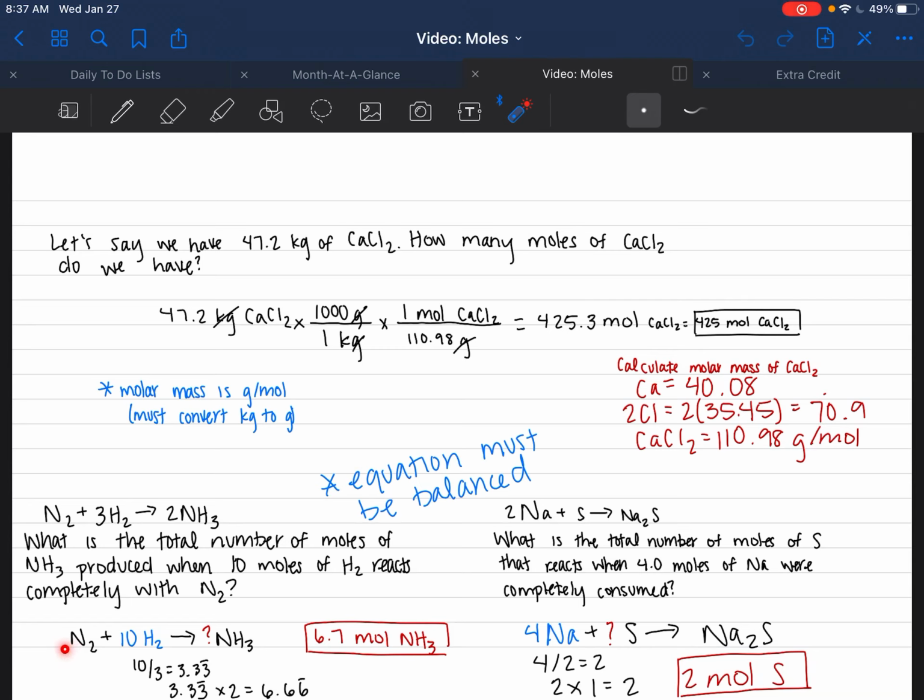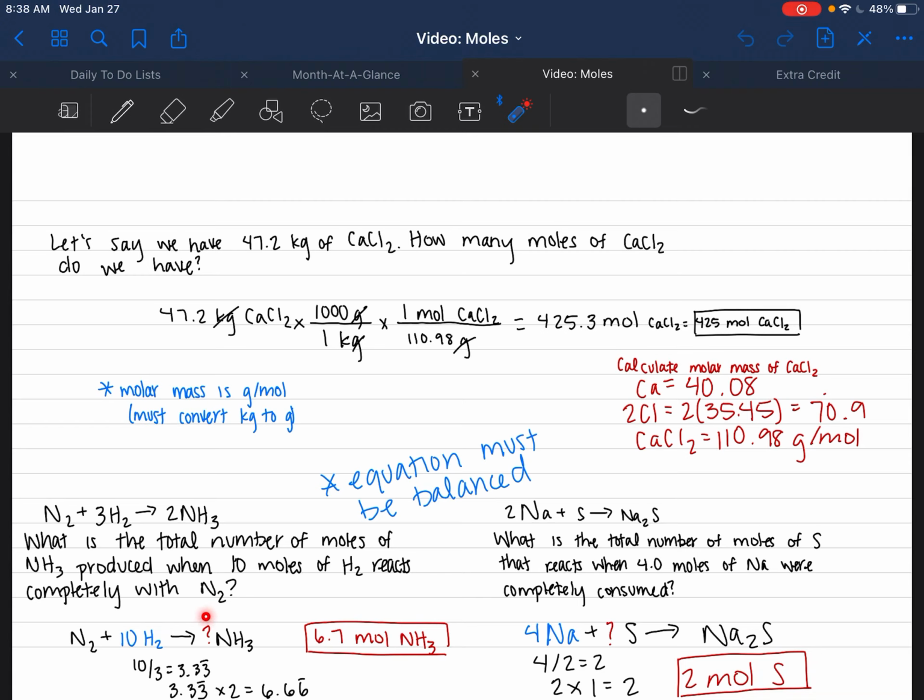So I've rewritten the problem down here at the bottom. We have N2. It doesn't matter how much N2 because we were told it reacts completely. So we're not worried about the number in front of N2 right now. But we know that we have 10 of that hydrogen gas, and we want to know how many NH3 molecules, basically. So we had 3 in the beginning to get a balanced equation, so we multiplied that by 3.33 in order to get to 10.